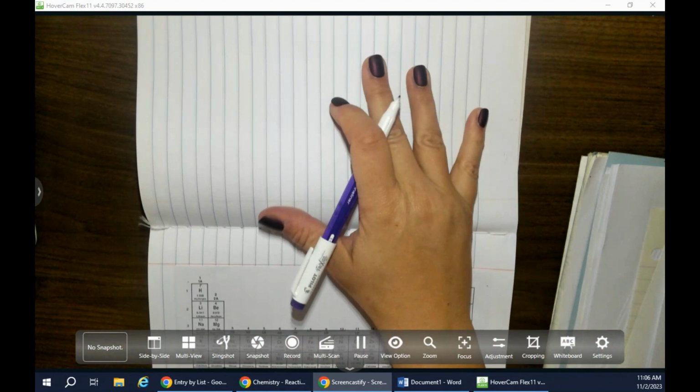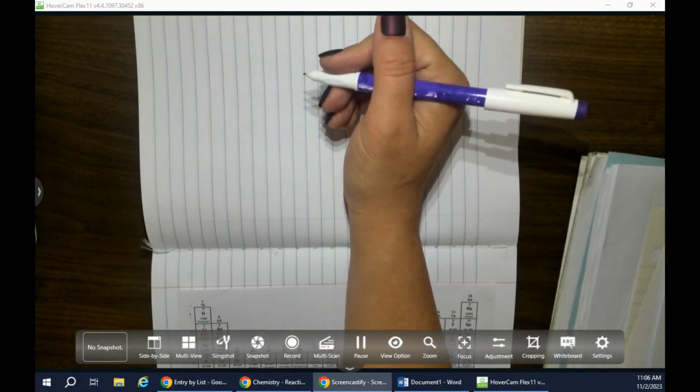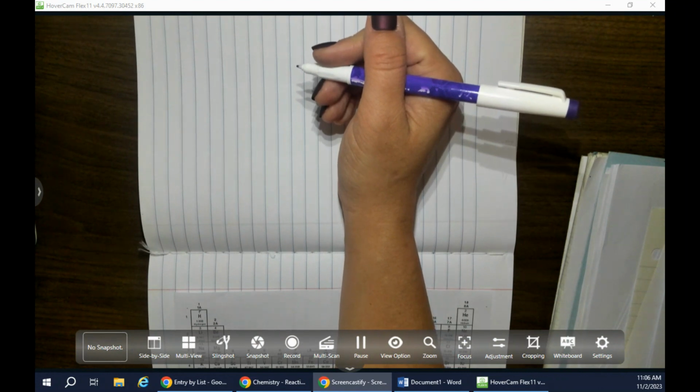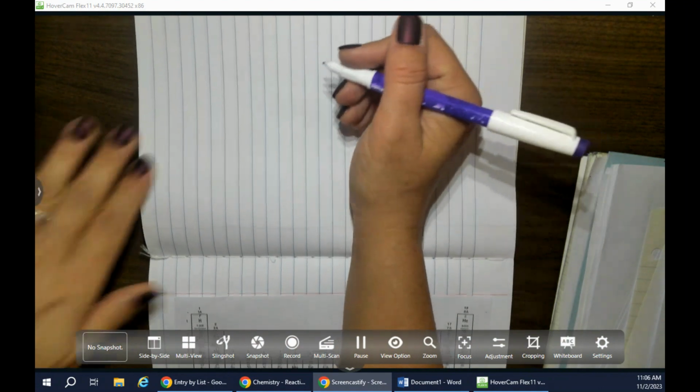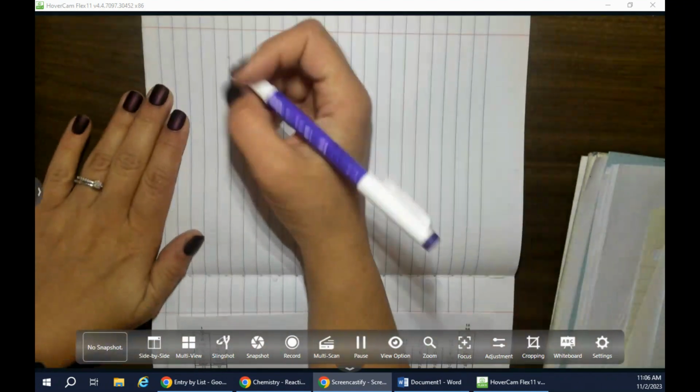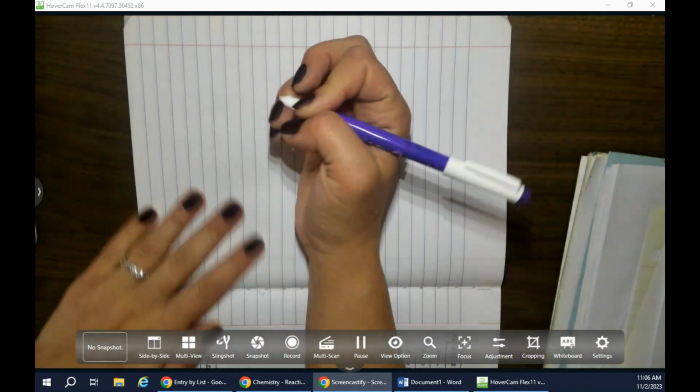So this is just more about the organization of everything, because it's not going to just be group numbers. We're also going to be knowing them by some of their family names, okay? So this is all about periodic table organization. So on that page that's facing it, we're just going to write down a couple facts up here, and then we'll go back down here and we'll write in our group stuff, okay?